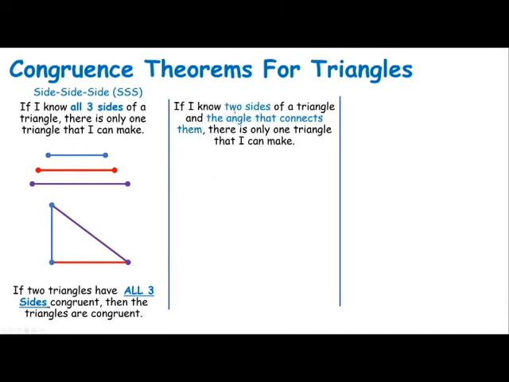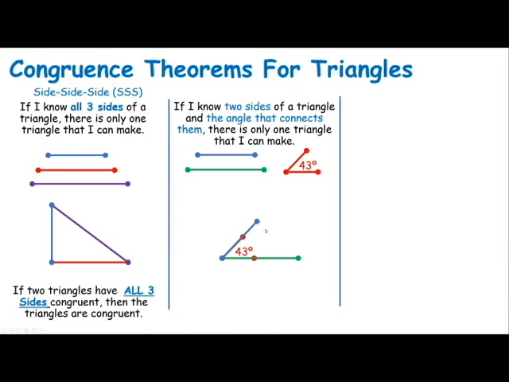Here's a second theorem. If I know two sides of a triangle and I know the angle that connects them, then there's really only one triangle I can make. So let's say I have a blue, a green, and I'm going to make this red angle right here. If those two sides are connected at a 43-degree angle, and I want to build a triangle, that triangle has to have a third side that is the length between these two dots right here. If it's shorter than that, it's not going to reach the other end.